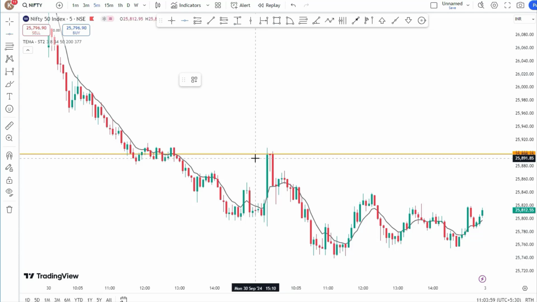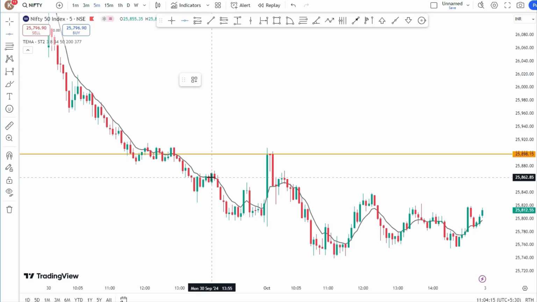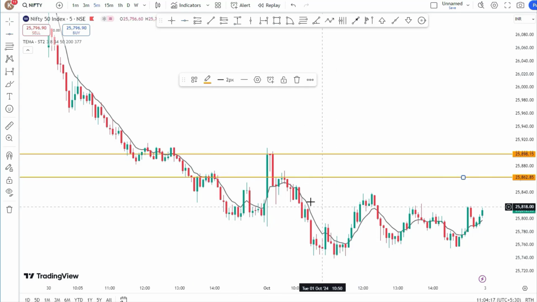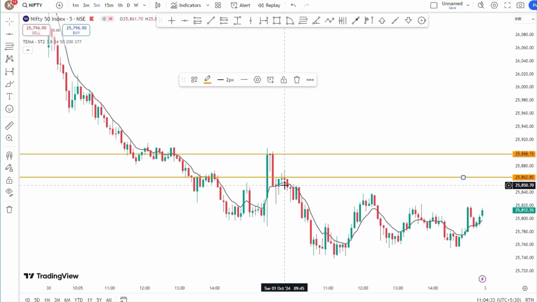So here we can find that the price is getting resistance at this level. We also put a line at the next crossover, and this will give us the next resistance. So this is a very powerful level. We can see how price reacts at these levels.